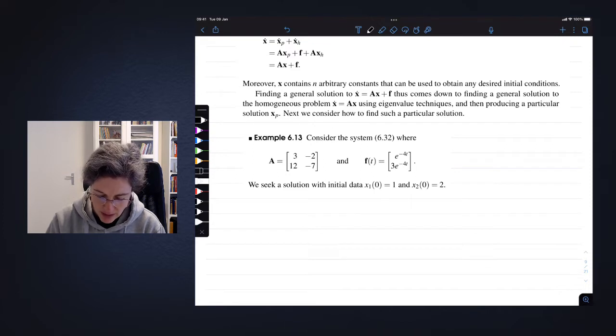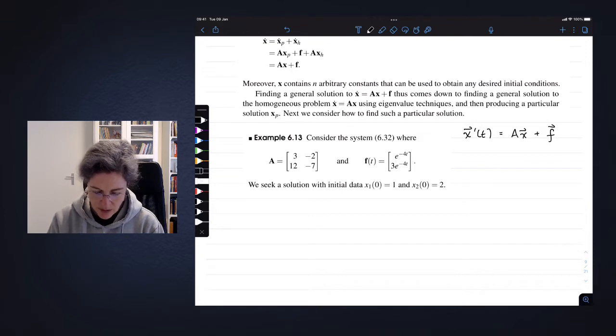So remember, we're thinking about a system like this. This A is the coefficient of our x here, and our f here is this thing there. And we want to find a solution that has the initial data that x1 is equal to 1 and x2 at time 0 is equal to 2.